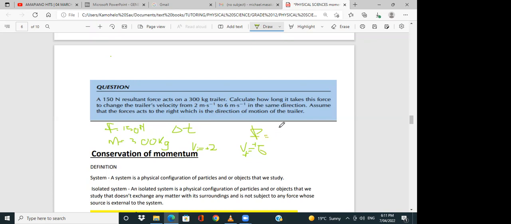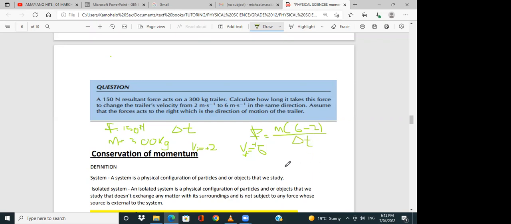F net is equal to, we know that change in momentum is what? It's mass, mainly mass, minus, in brackets, the final velocity here, it's 6 minus 2, which is your initial velocity, and then all divided by what? The delta t that we are looking for, guys.